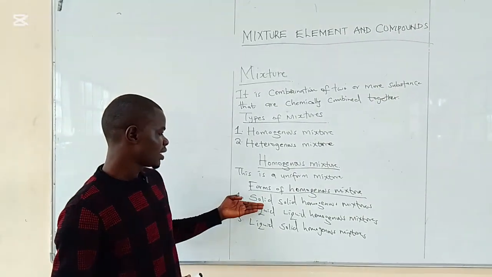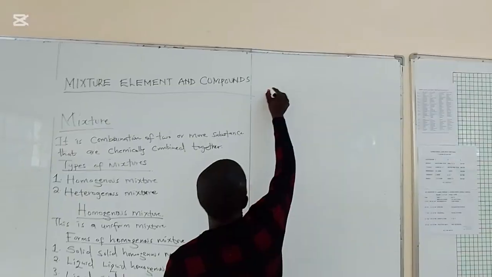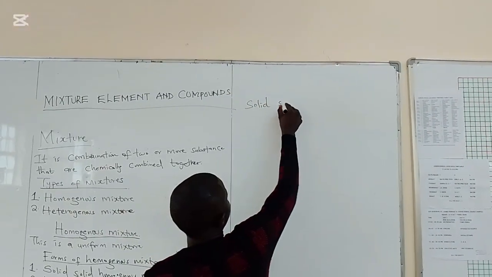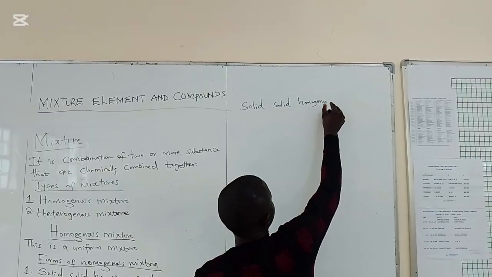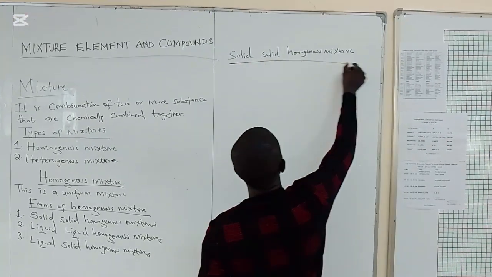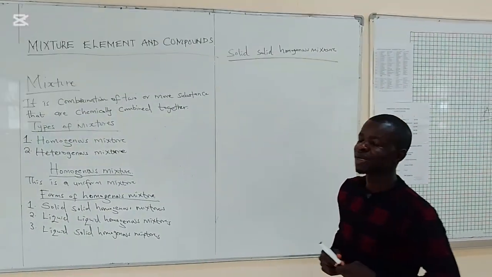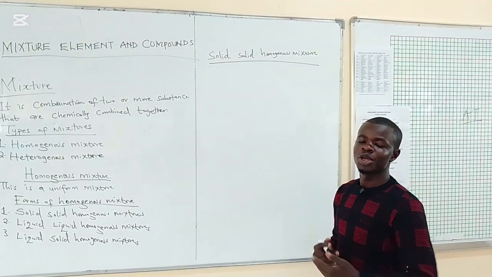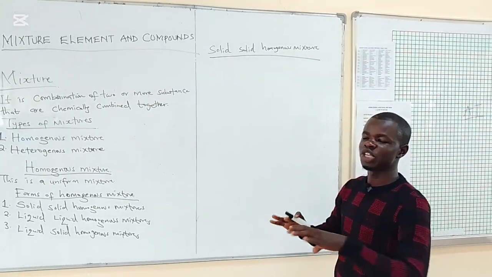For instance, let us start with solid homogeneous mixture. In this one, we're going to give examples of solid substances that if you bring them together, you cannot be able to differentiate them. They look similar or they are uniform.